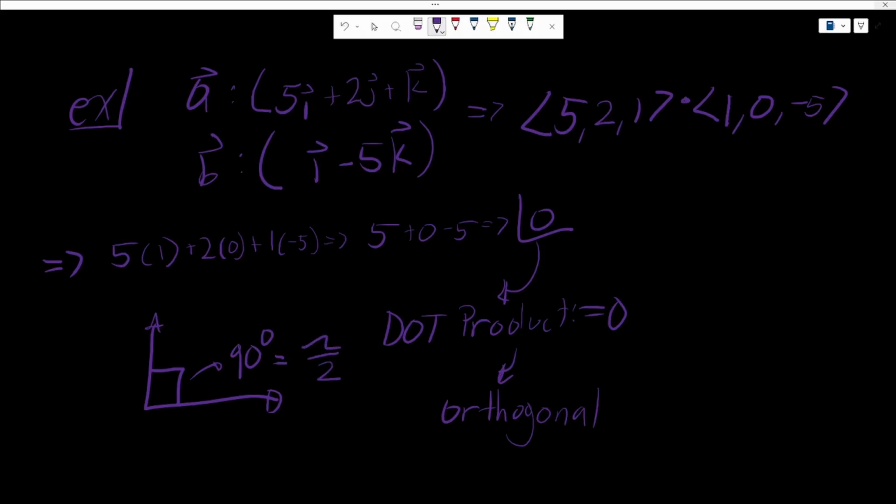They have to create a 90-degree angle if their dot product is equal to 0, and that's a special property for dot products.